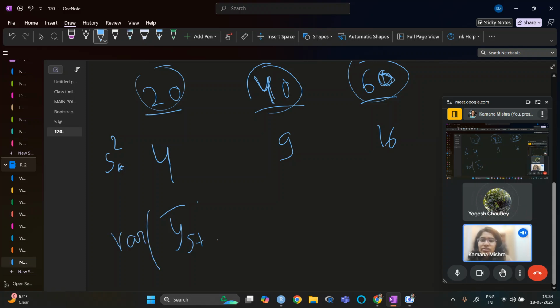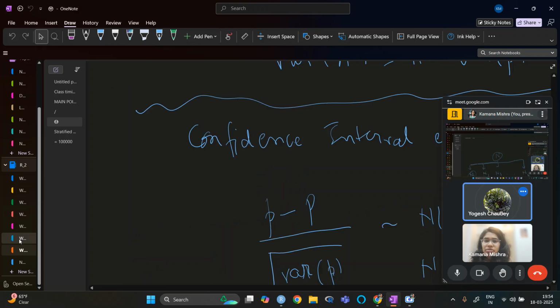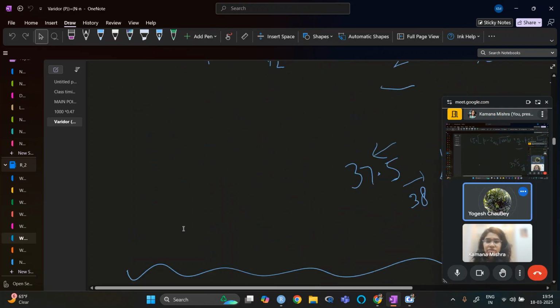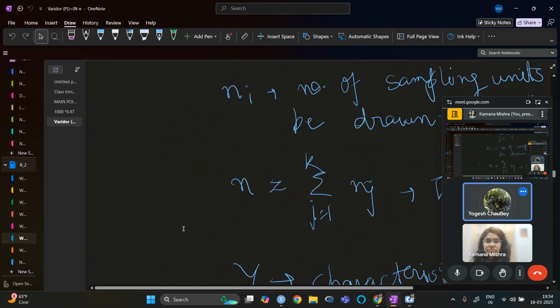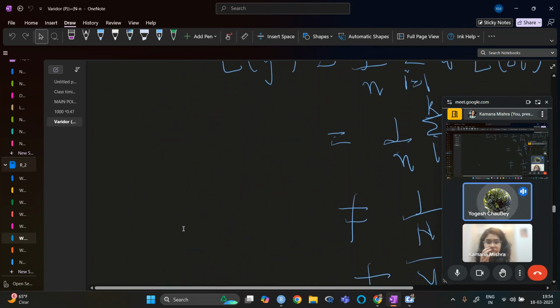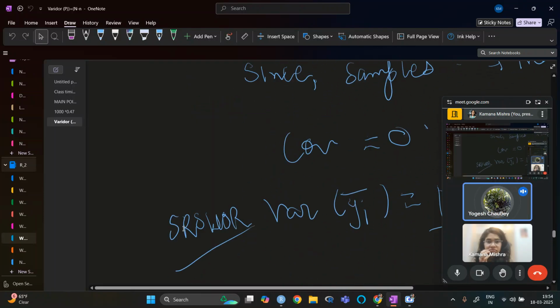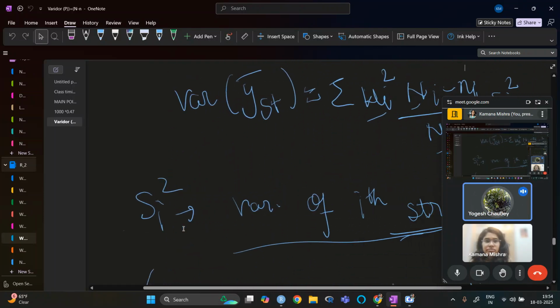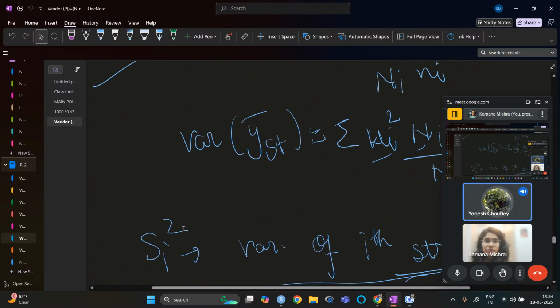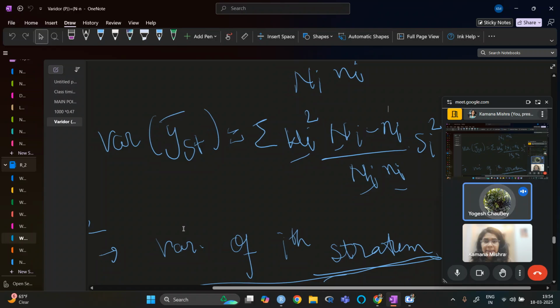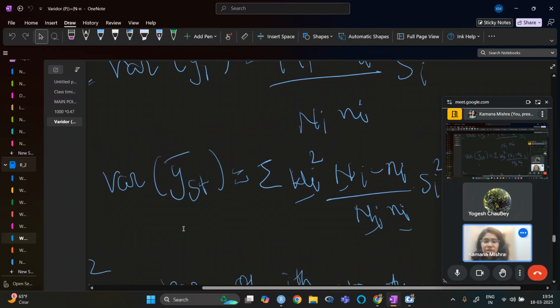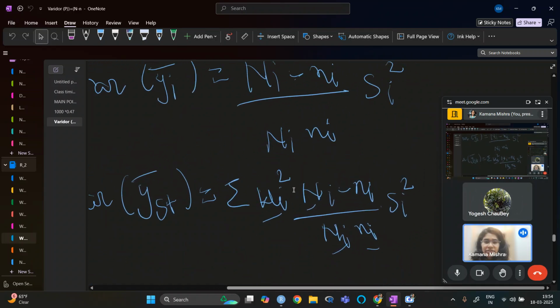You solved a similar example in the last class. So the variance of y bar st is given by this formula.